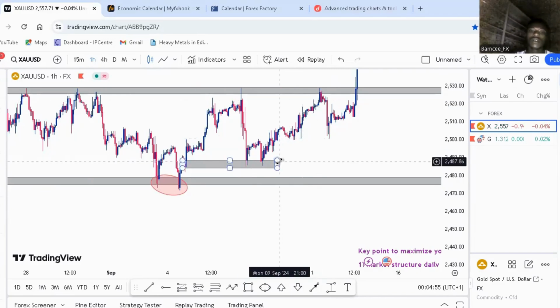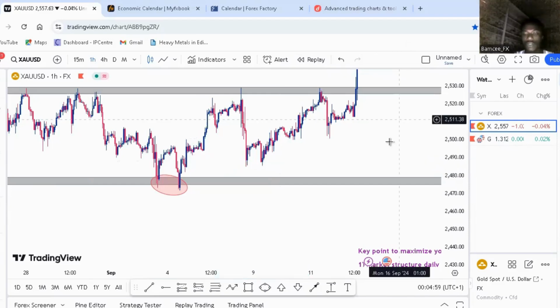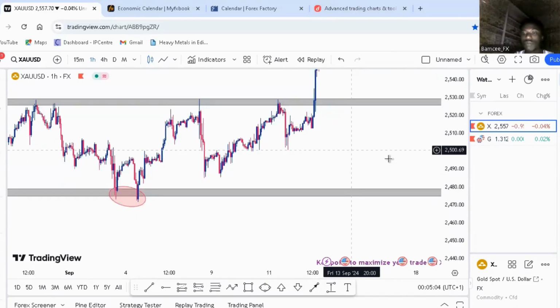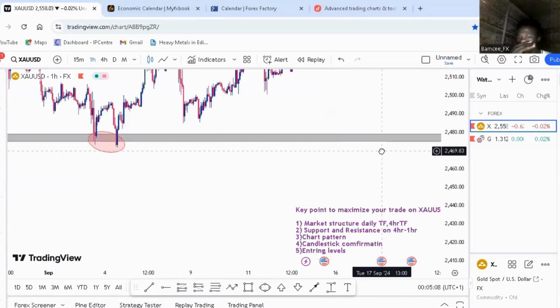So now, yesterday I traded NFP and CPI, of which I showed you the before and after. So how do I get the entry point for CPI, which is key point number 5, the entry levels and the exit.